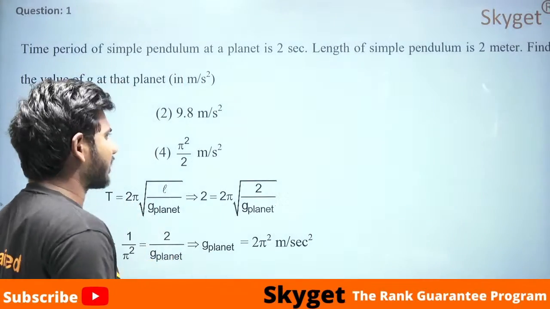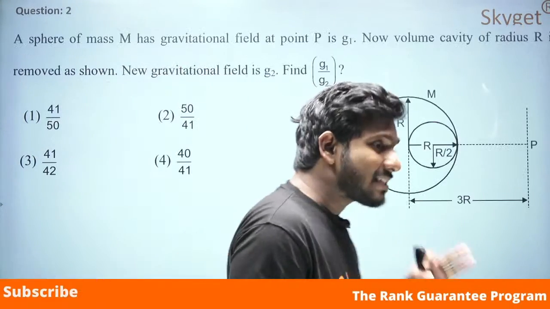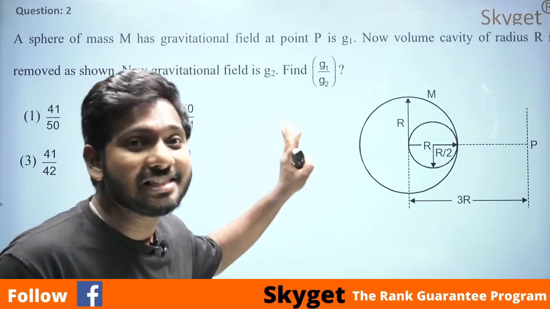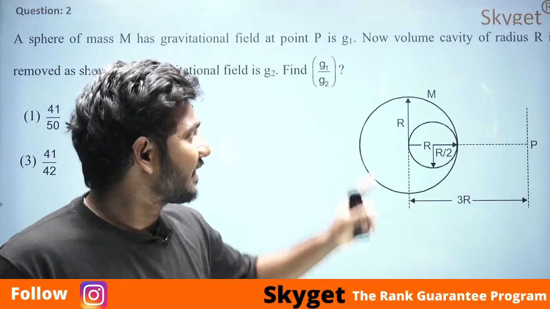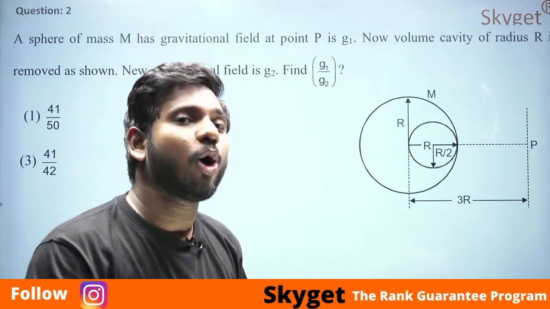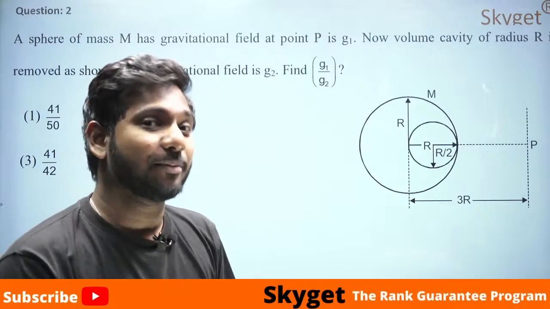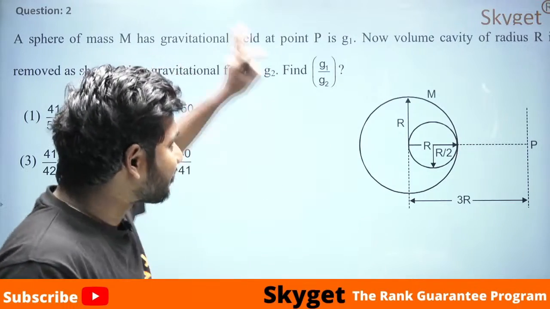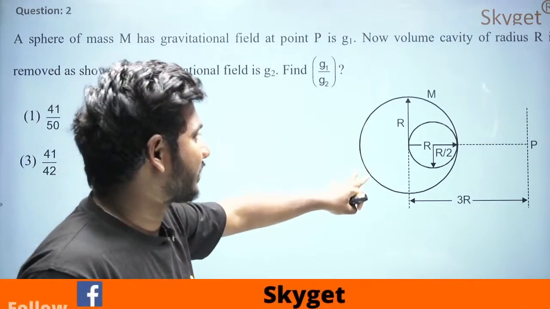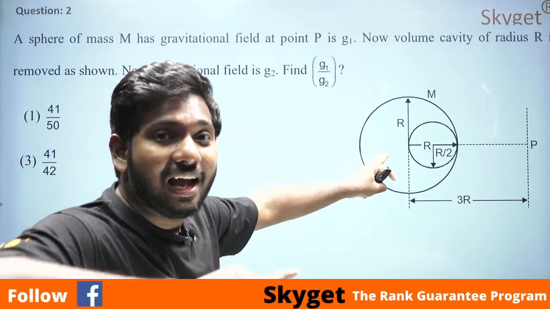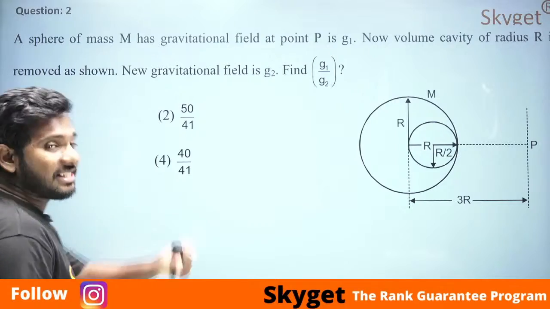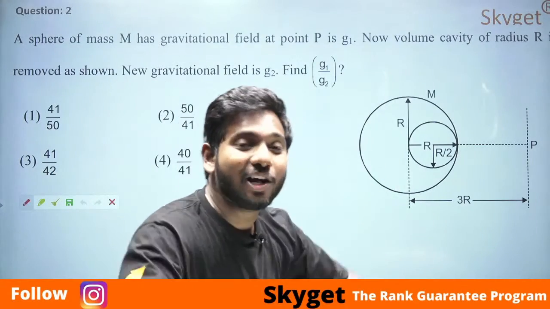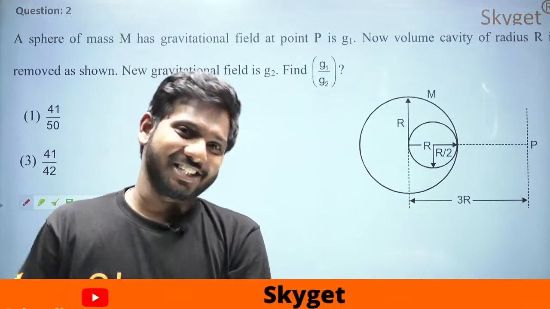Then let us go to the next question. Before this question paper was released, I had taken the 24th January Shift 2 paper. You can go and watch that paper at the 18th minute, where I solved a similar kind of question in another topic, on center of mass, and explained how questions might be asked this way.